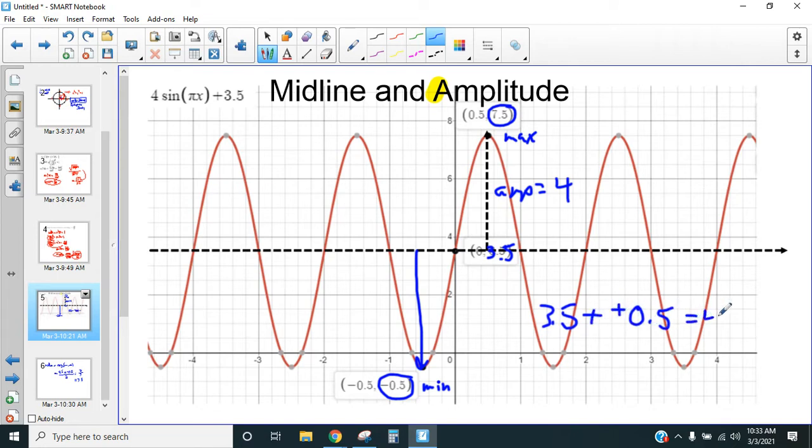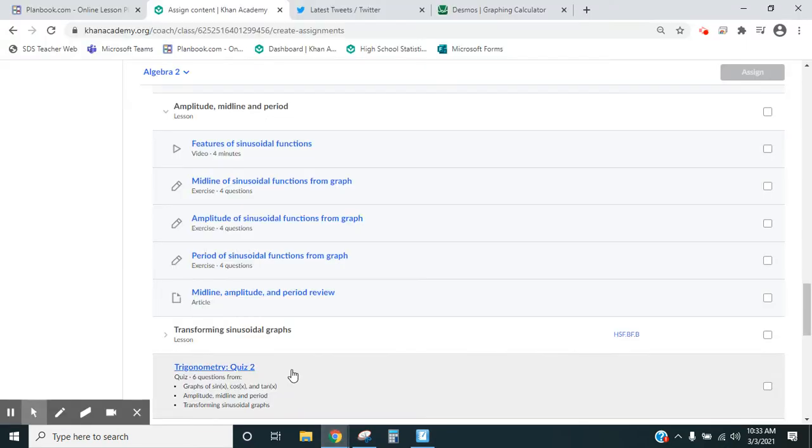It becomes 4. So amplitude, I usually abbreviate just with amp or A. And the amplitude is the distance from the middle. The midline is the mid location. It's the average of the graph. Average all the way through. Okay, so on the test, the questions will look like this. Here we go.